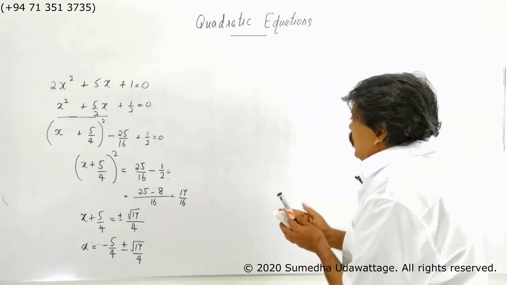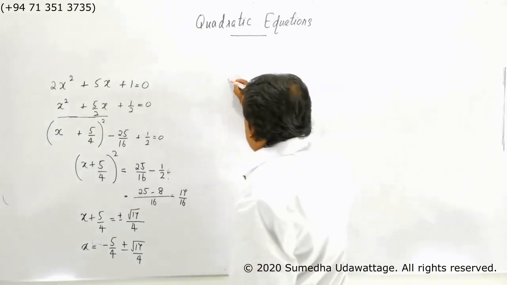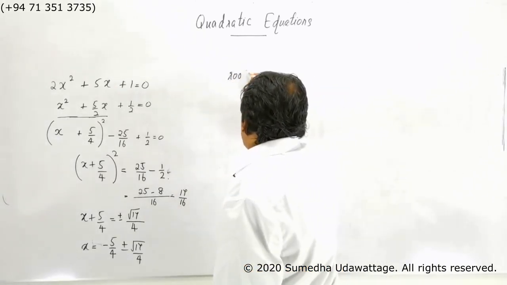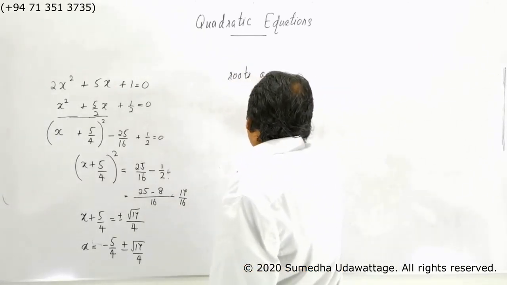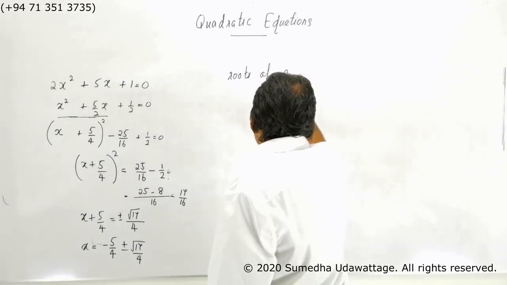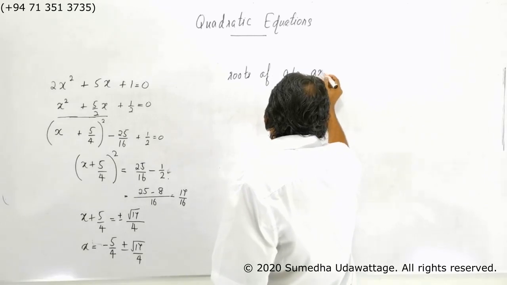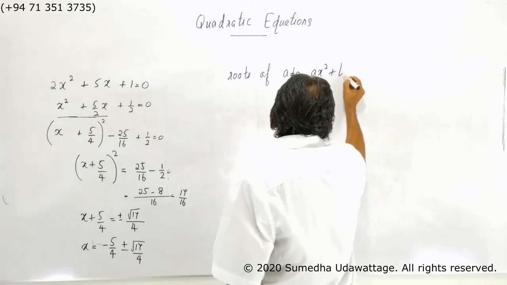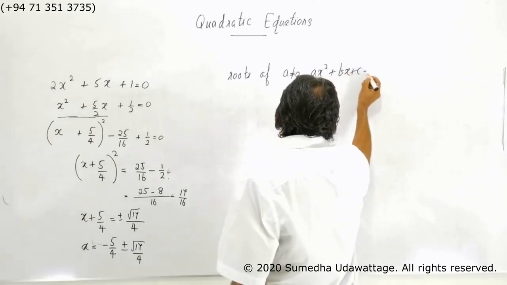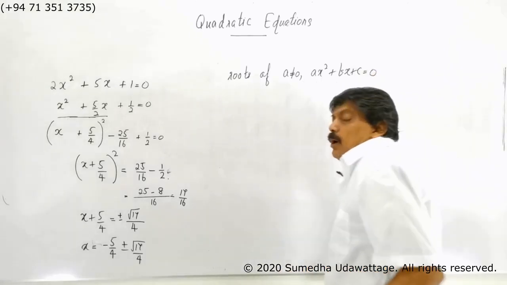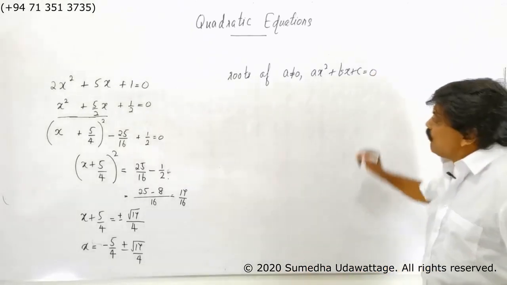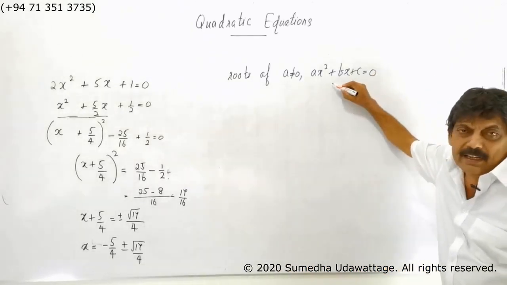Then you write the next topic to be, say, roots of ax² + bx + c = 0, a not equal to 0. Now look here, we want to get the roots of this equation.